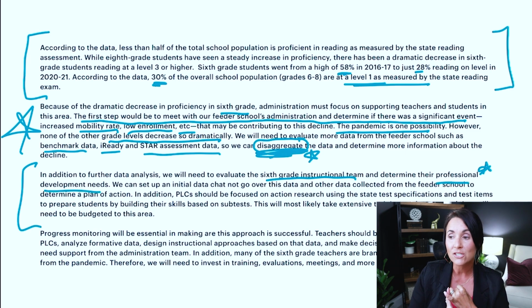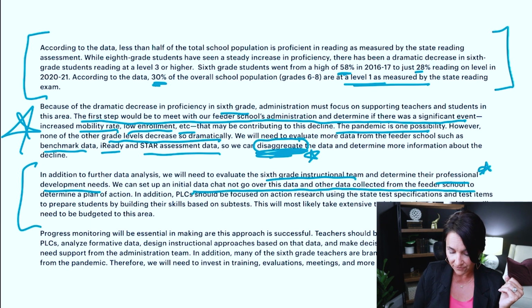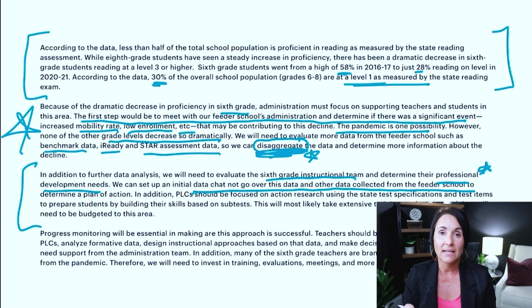We can set up an initial data chat to go over the data collected from the feeder schools. So immediately, we need to have a meeting with the 6th grade people. We need to sit down and evaluate this data, which I'm sure they've seen if they're looking at their data. And the second thing we need to do is share the feeder schools data, because that might help us for this coming school year. We're always sharing data with teachers and talking with teachers about the data and trying to figure out what happened, all right?